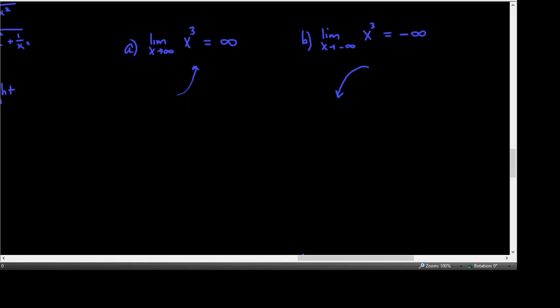Okay? So this is not talking about what's happening close to the origin. If you looked at the graph of this, you can tell for sure that this side will go down according to this statement, and this side will go up according to that statement. And what happens in the middle is going to be governed by the rest of the function.